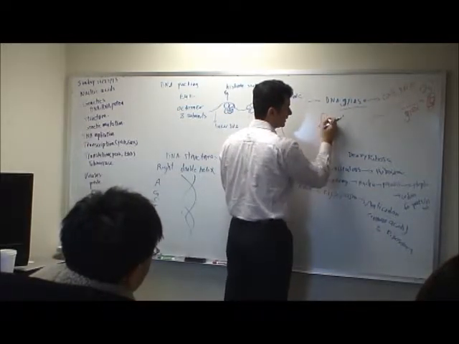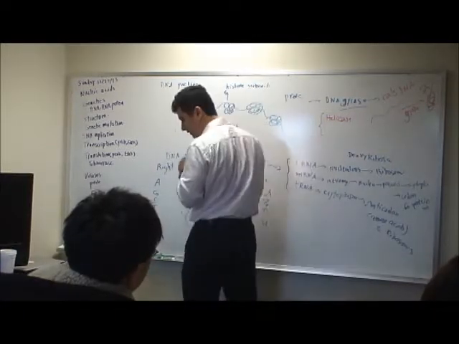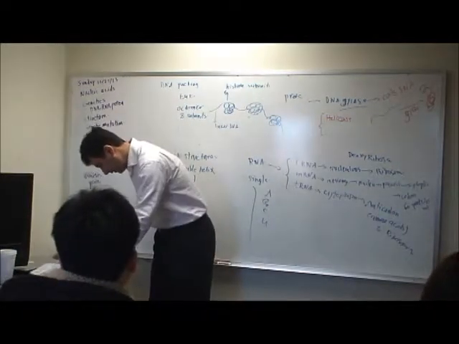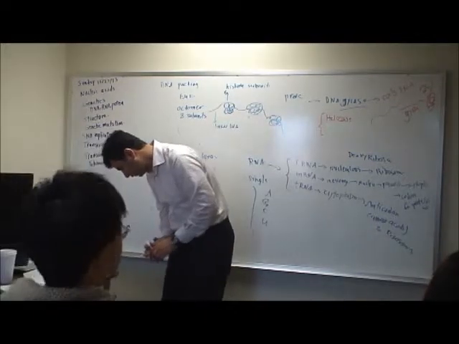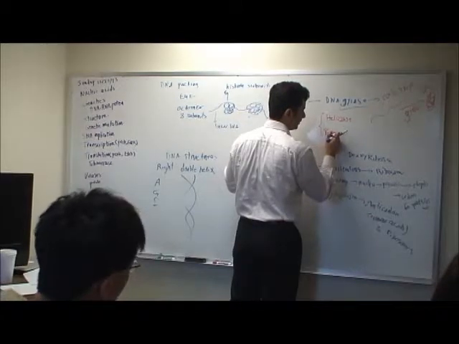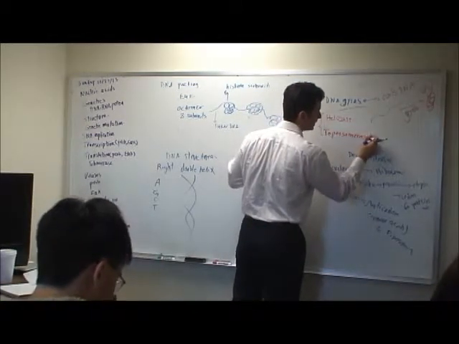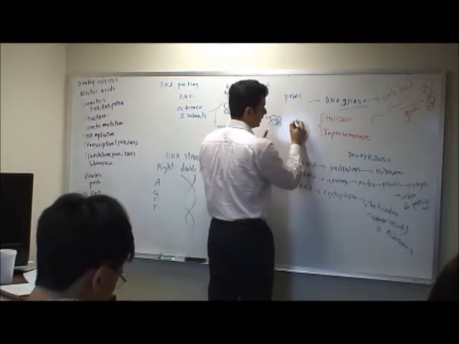One of them is helicase. I'll get to this in a moment. Helicase, and the other one is called topoisomerase. I'll tell you how they work. Topoisomerase. These they do unpacking.